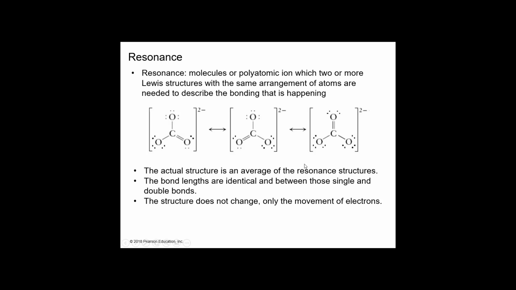We have to draw the three for this compound. The bond lengths are identical, between single and double bonds. So resonance is drawing more than one structure to indicate how a molecule actually is; the electron density is, they call it, delocalized, and that's just how it's spread out.